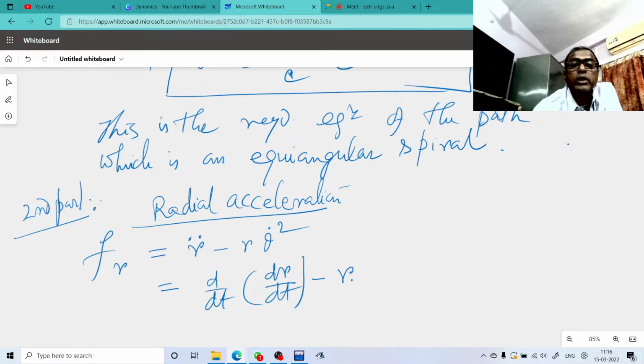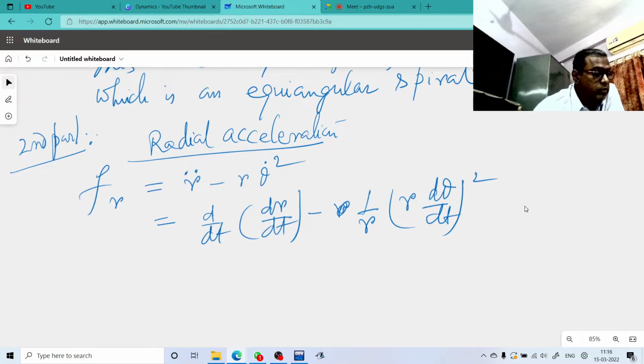So this we can write with 1/r common, and we write r² (dθ/dt)² with 1/r, so r cancels. Now dr/dt is given by 1, the radial component of velocity, so this is equal to λr.